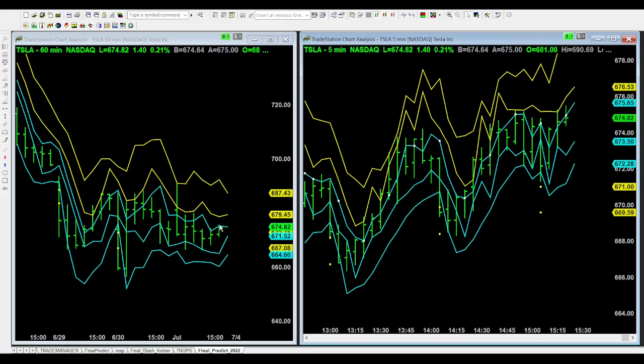If it can't break this one, this point could become a resistance. But if it can break this blue trend line, then it will try to touch another level of maximum price and try to reach the target value at this yellow trend line.